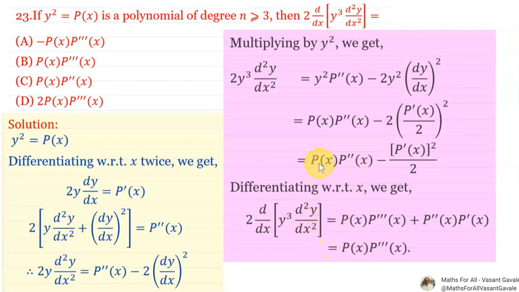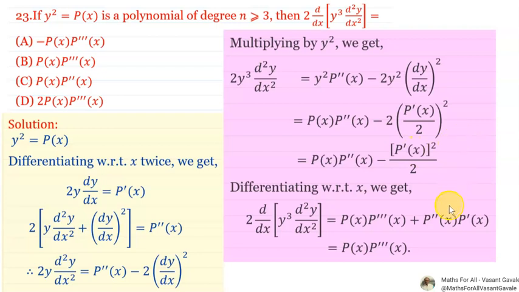equal to, again we find out its derivative: p of x as it is, the derivative of p double dash of x is p triple dash of x, plus p double dash of x as it is, the derivative of p of x is p dash of x, and next the derivative of p dash of x bracket square.